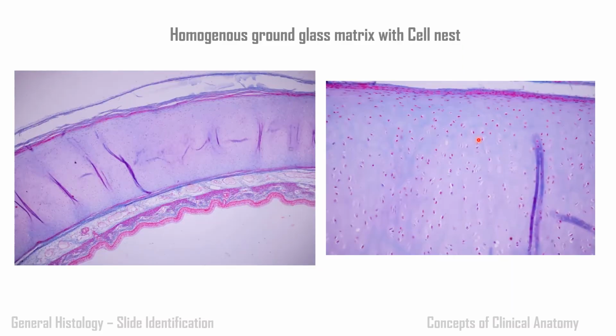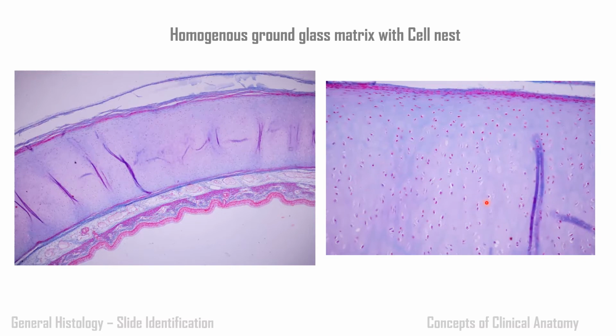Actually, this is a slide of trachea. In general histology, they will focus only on this region. On the outer side you can see the outer fibrous and inner cellular layer of perichondrium. This complete thing is the perichondrium. Then if you move in, the background is the matrix, which has a ground glass like, opaque appearance.